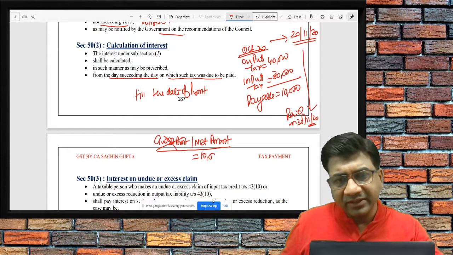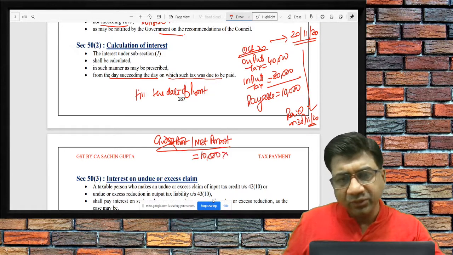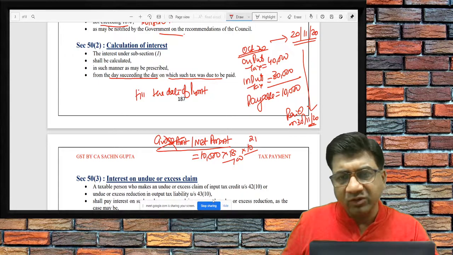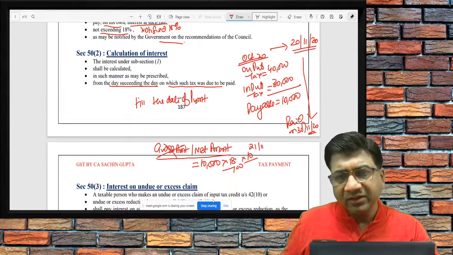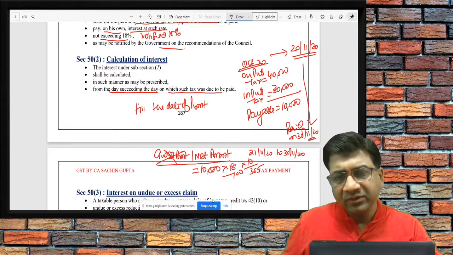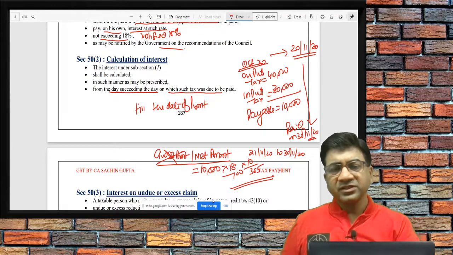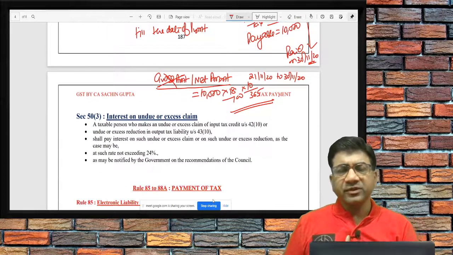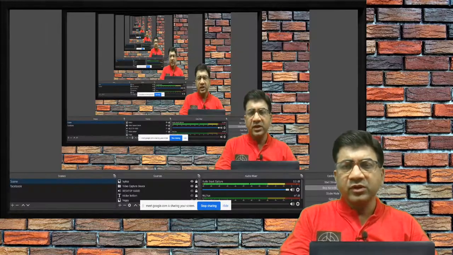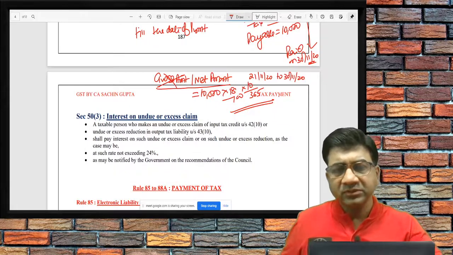We have to pay 10,000 into 18 upon 100 into 10 days. 21st से count करेंगे. 21st of 11 20 to 30th 11 20 divided by 365. हाँ जी. So this will be the amount of interest. Can you calculate for me the exact amount?